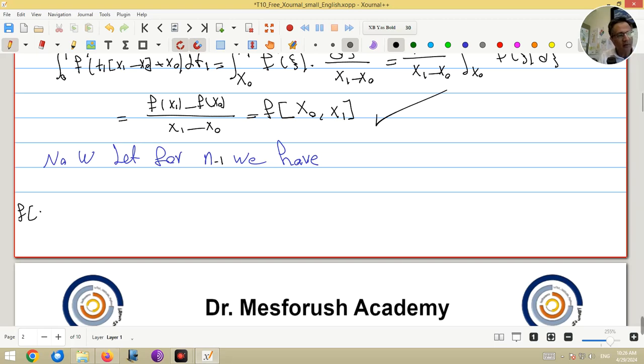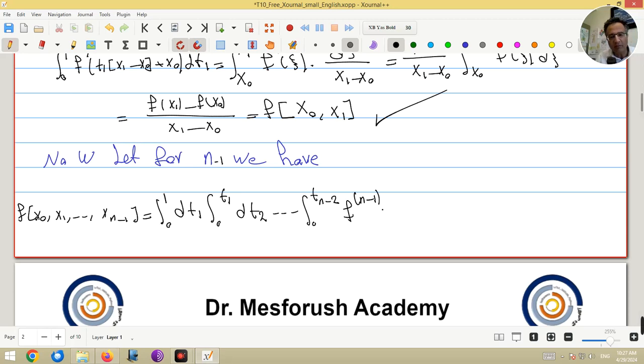We have f[x0, x1, ..., xn-1] equal to the integral from 0 to 1 dt1, 0 to t1 dt2, and continue 0 to tn-2, the derivative of order n minus 1 at tn-1(xn-1 minus xn-2), and it continues until t1(x1 minus x0) plus x0, dtn-1.